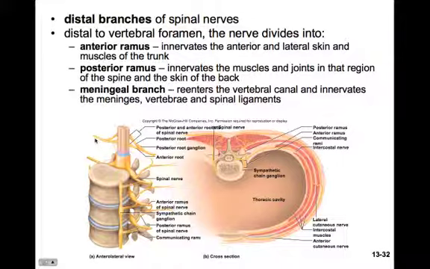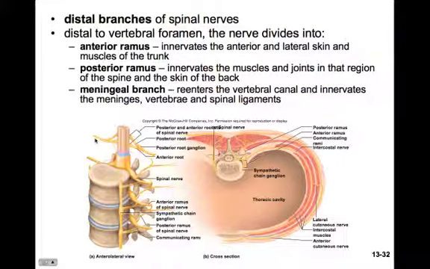So take a moment here to diagram the various forks and branches that arise as spinal nerves. You can include the dorsal and ventral root, the portion that's actually called the spinal nerve, the anterior and posterior rami.